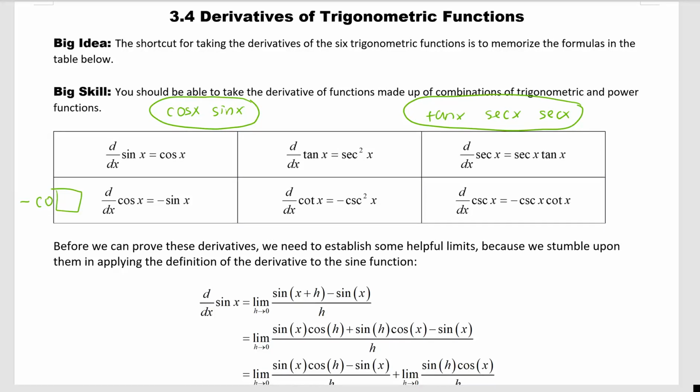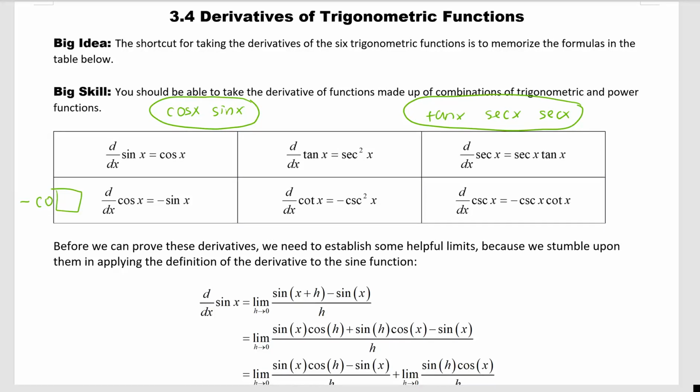Again, how do you memorize the top row? You think about cosine and sine, they're a couple, so the derivative of sine is cosine. And then you think about tangent and secant, so there are 2 secants, they're in a family. What are the family members of tangent? That's secant squared. What are the family members of secant? That is secant tangent.